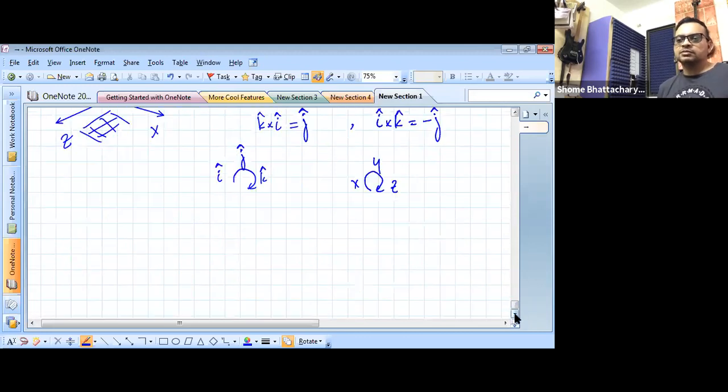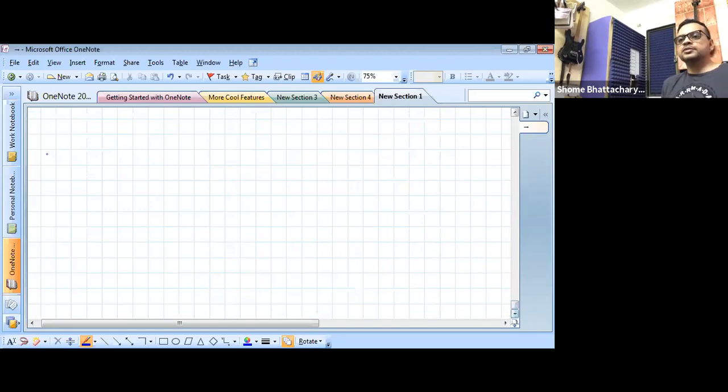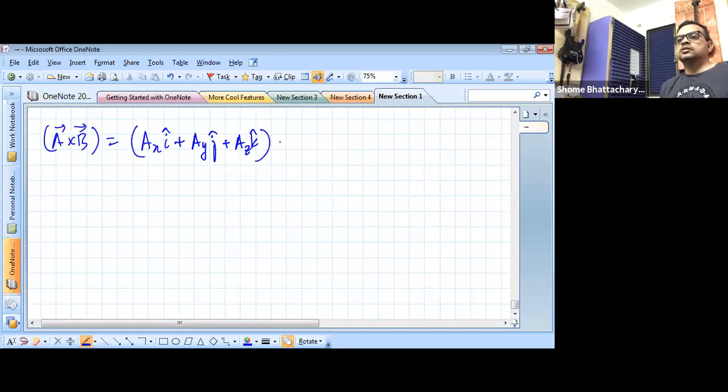So now using this, we will develop a formula for cross product in 3 dimensions. So A cross B, if I write it like this, A has all 3 components, and this whole thing is cross product with again these three components.